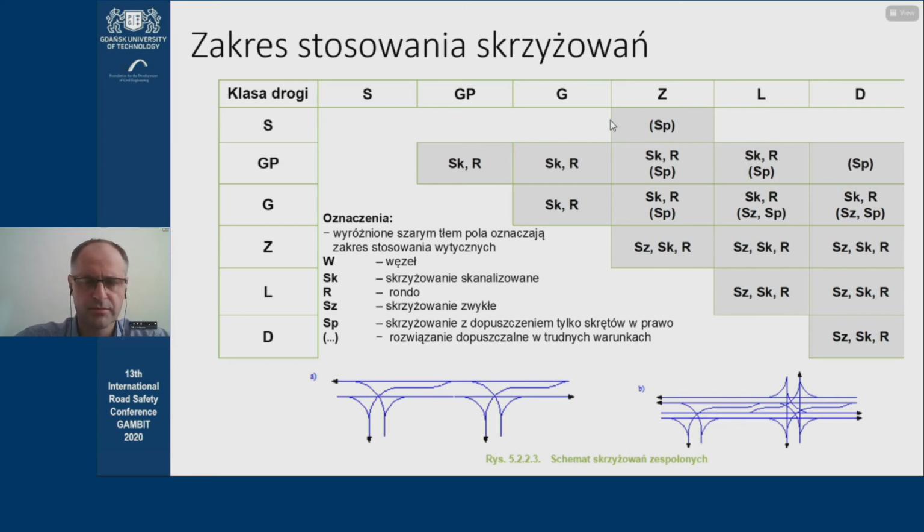The scope of using junctions, so we have road classes like S, no such junctions, and then some of the roads in Poland can only be accessible through interchanges.